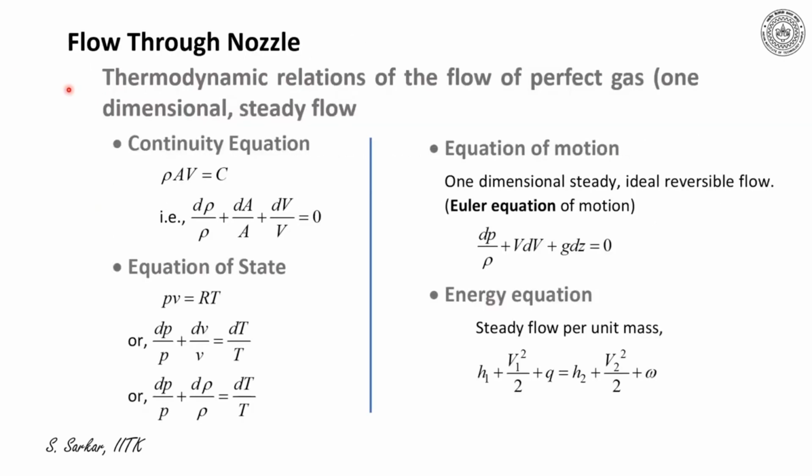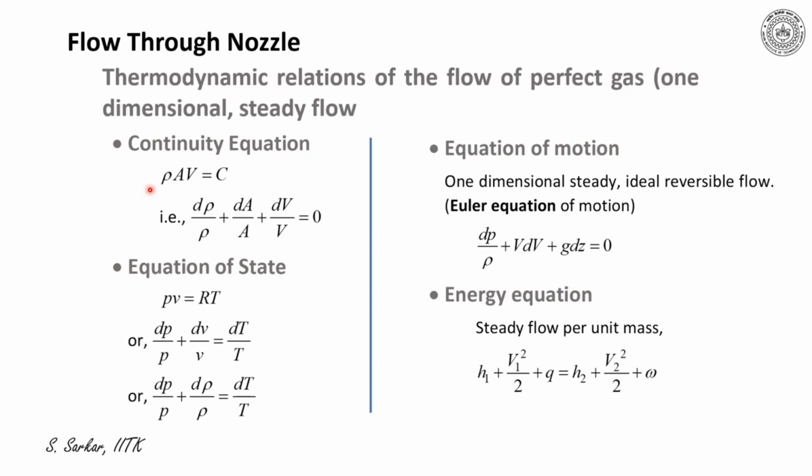Let us consider some thermodynamic relations of flow of perfect gas, considering the flow is one-dimensional and steady. Let's begin with the continuity equation. The continuity equation can be written as rho A V equal to constant.